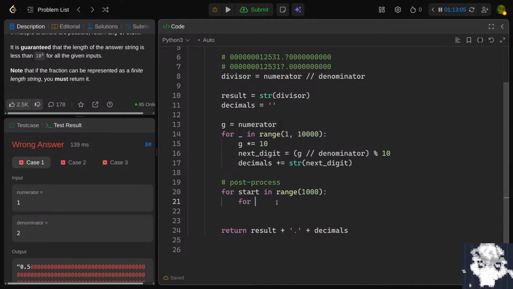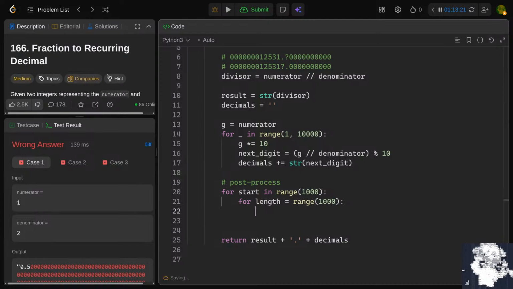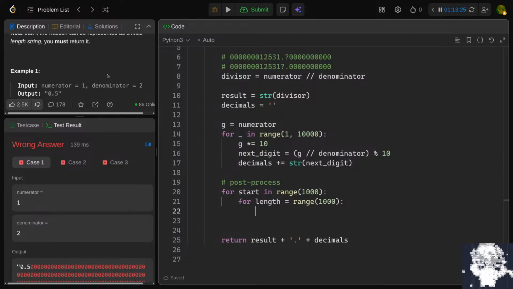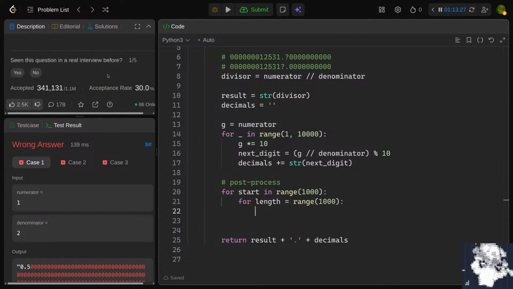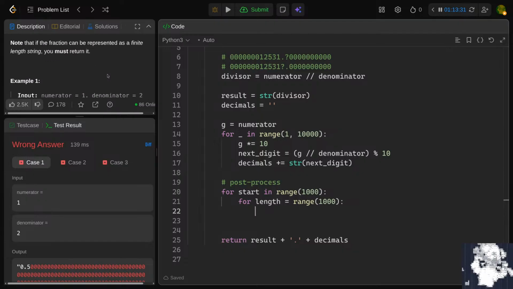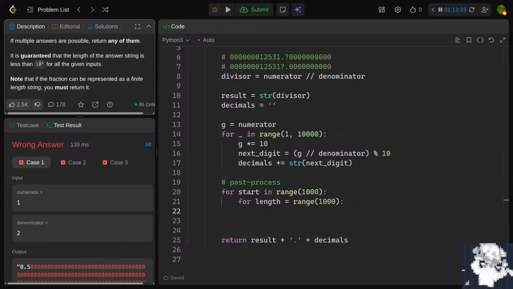For length in range 1000. It's not going to go up to 1000. Although it could, right?